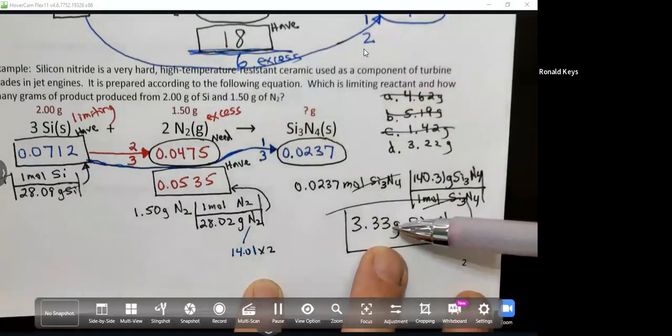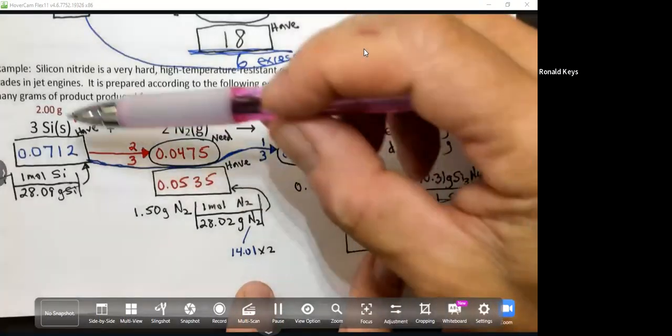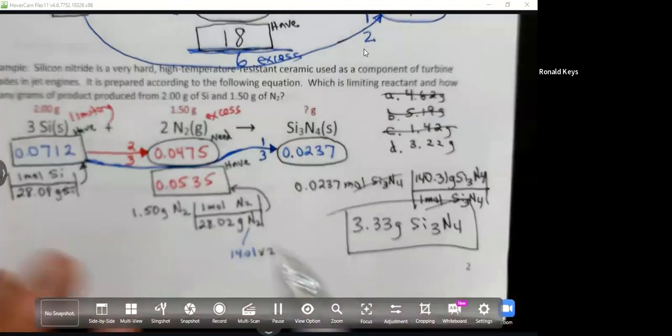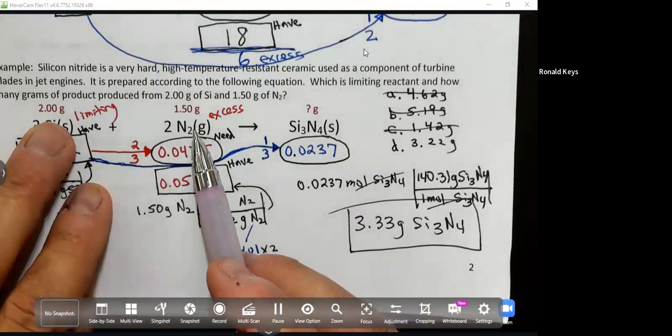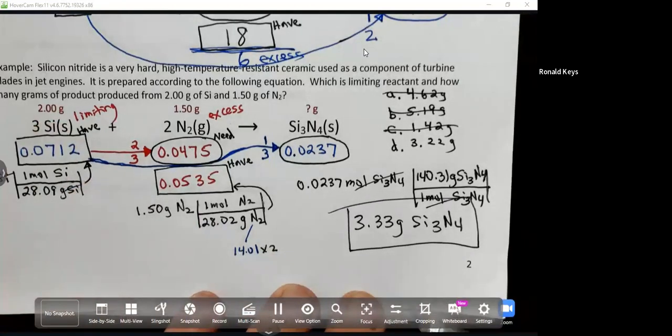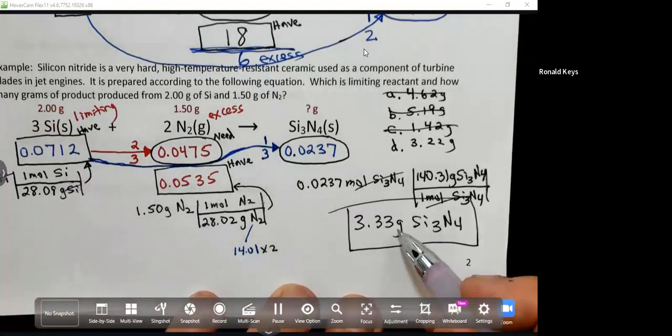I produced 3.33 grams. Where did it come from? 2 grams come from here. The most you can get is 3.5 grams, right? How short am I from 3.5 grams? 0.17 grams.